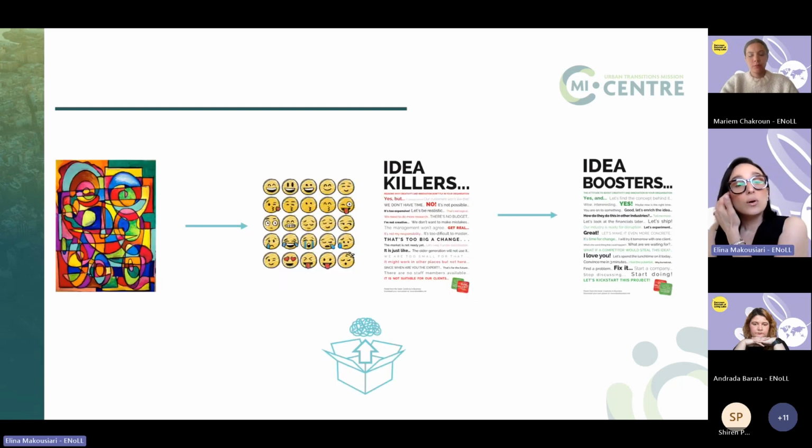In any project, or specific activity within a project, that includes stakeholders, you may come across people that can be called idea boosters or idea killers. I think by name, it's pretty clear what those people are.